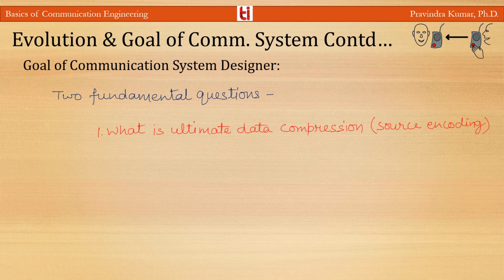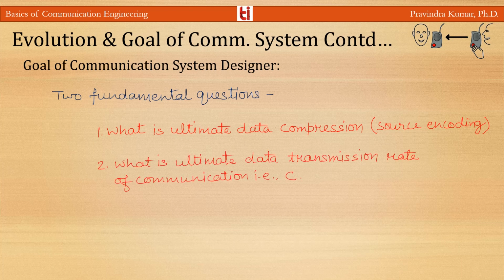Source encoding will give you the compression technique; it will remove redundancy and provide an efficient representation of the source. And what is the ultimate data transmission rate of communication? That is given by the channel capacity. So the channel capacity theorem tells you what the transmission rate should be for error free communication.